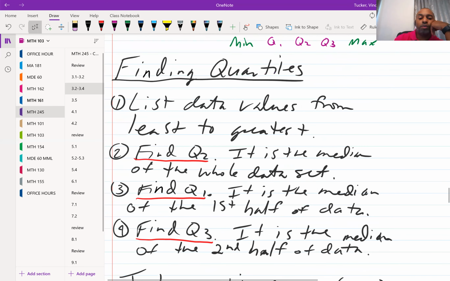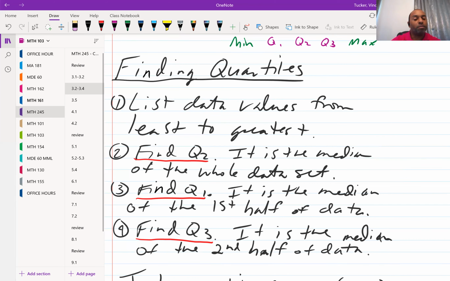We'll find Q2 first. Q2 is going to be the median of the whole data set. So it's just the middle value of the whole data set. That's going to split your data in half. Then you'll find Q1, which is going to be the median of your first half of data. Then Q3 will be the median of the second half of data. So remember last class we were talking about finding the median.